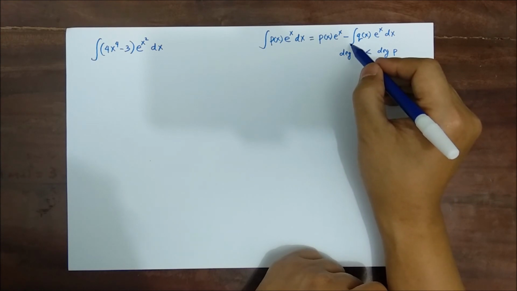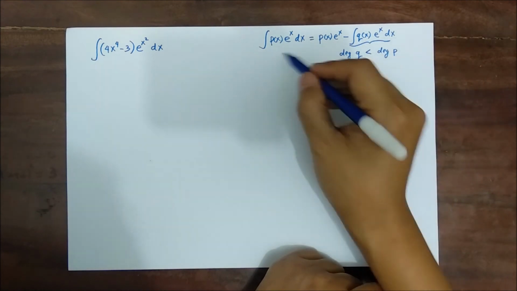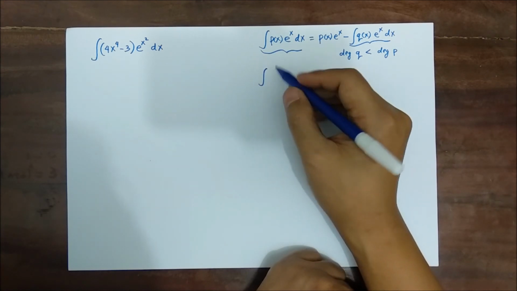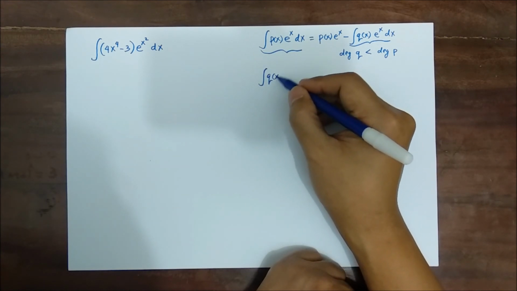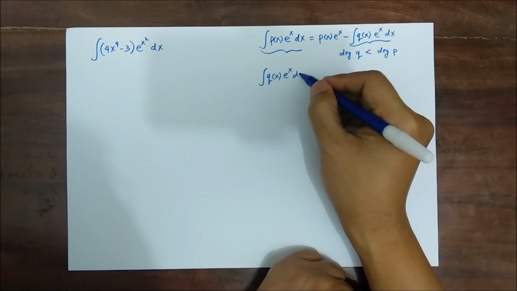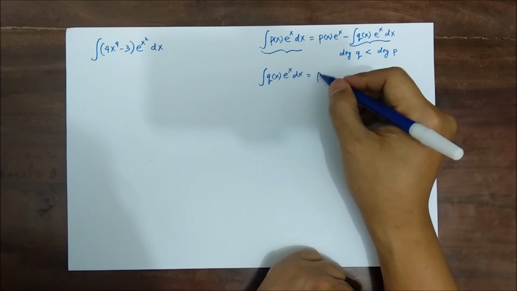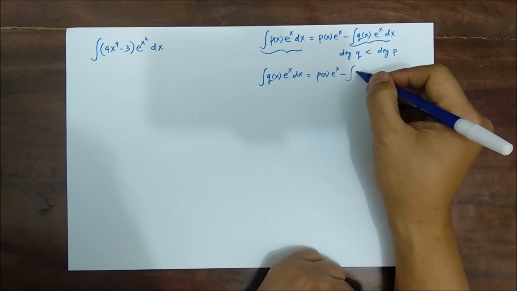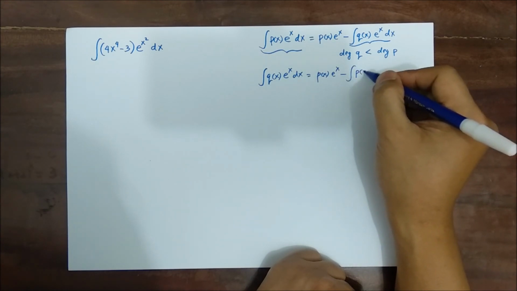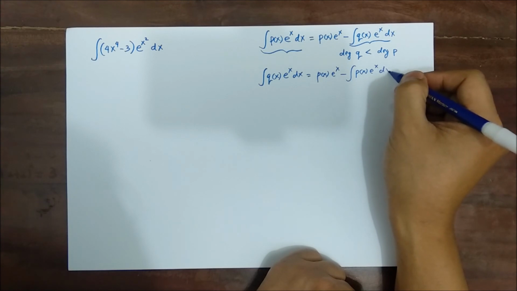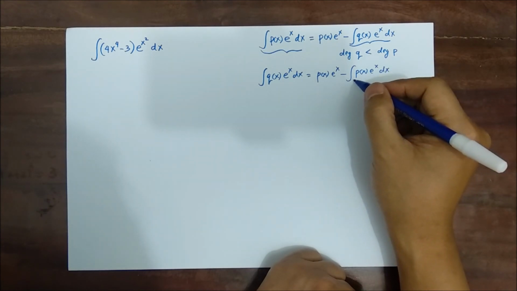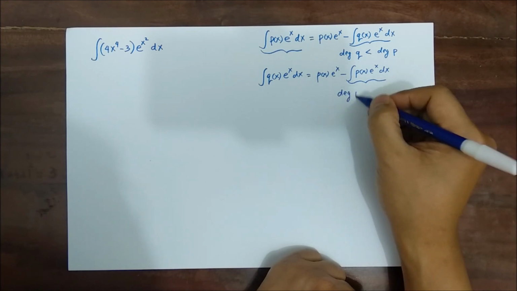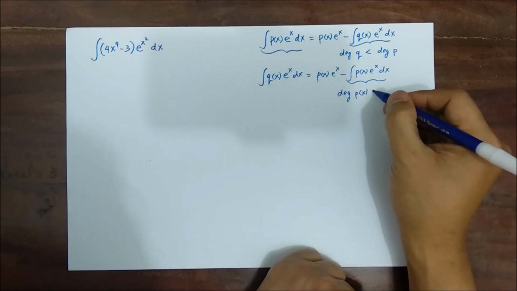Okay, but we can interchange this integral with that integral and rewrite it as the integral of q(x) e to the x dx equals p(x) e to the x minus the integral of p(x) e to the x dx, which is now the new integral, a polynomial whose degree is greater than the original one.